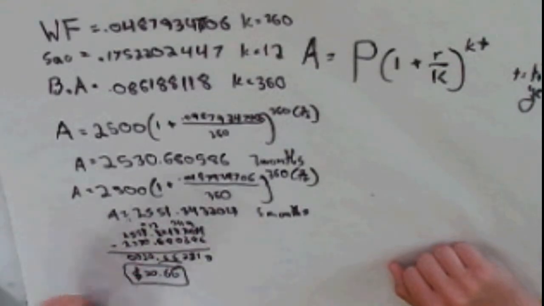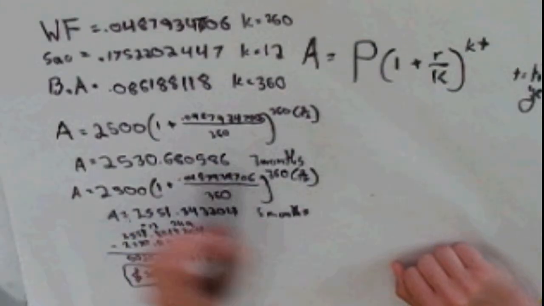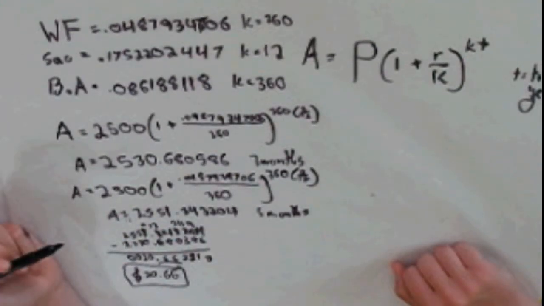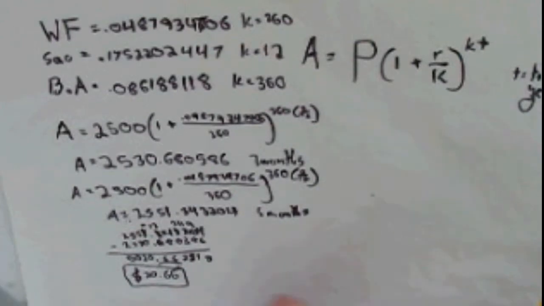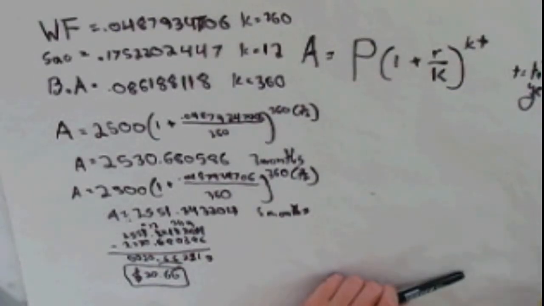And that is how much money you make from month 3 to month 5. And then you just repeat these steps. You do the same formula, plugging in the right values for the rest of the equations, and you will get all the right values that you need.